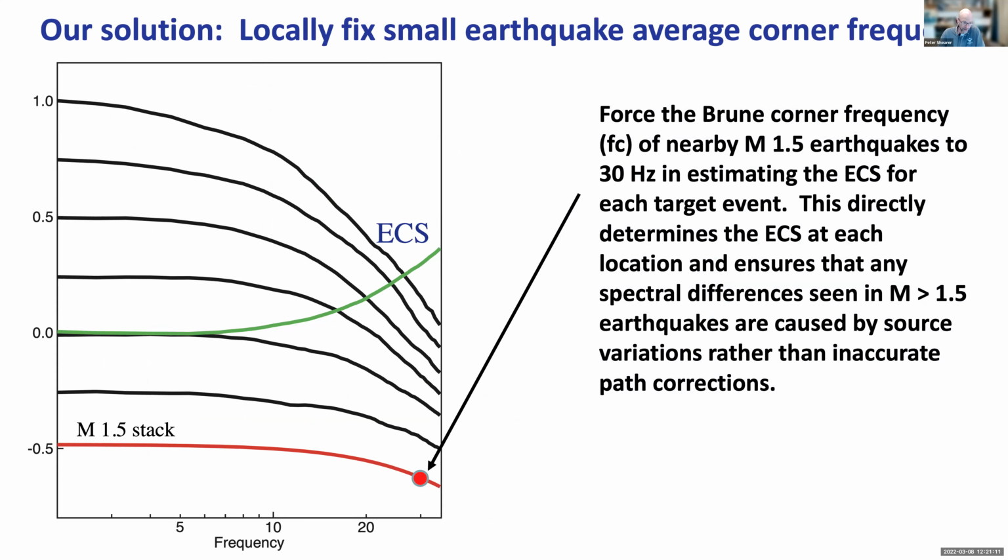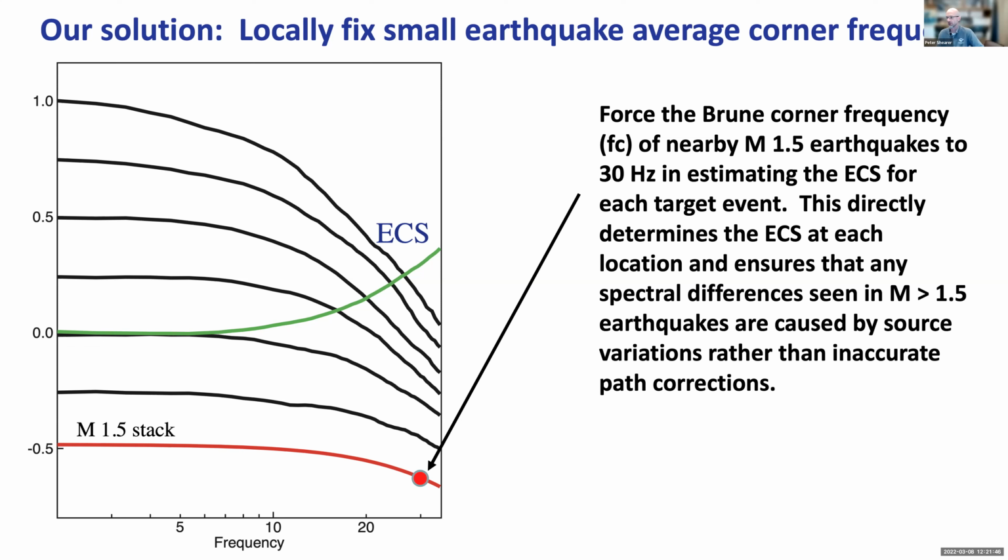Okay, well, how to solve this problem. The approach that we decided to try is to drop the idea of just allowing all things to float. So here we decided, okay, for the smallest earthquakes, we're just going to assume a source model. And in particular, for the magnitude 1.5 earthquakes, we're going to assume that they have 30 hertz corner frequency.